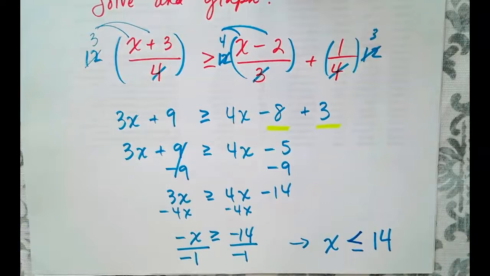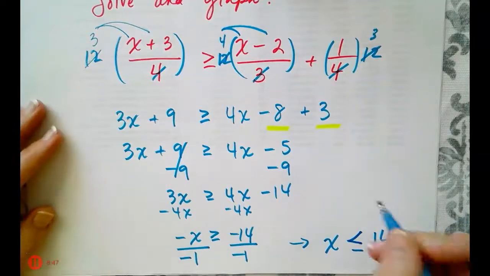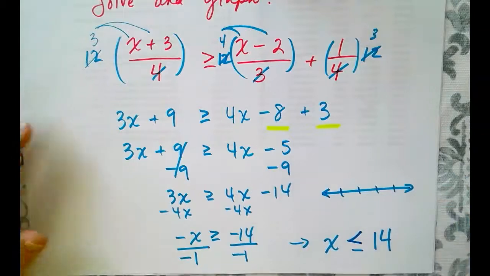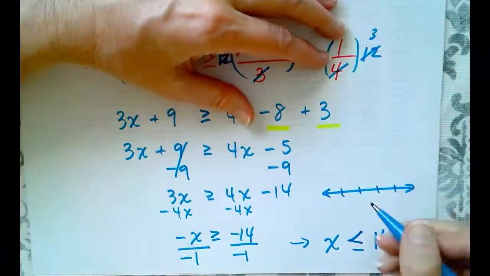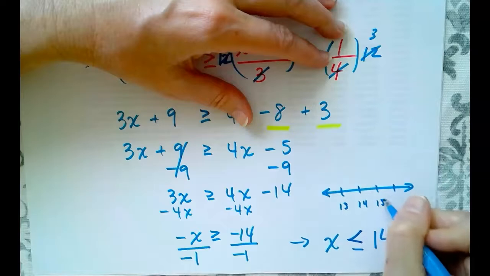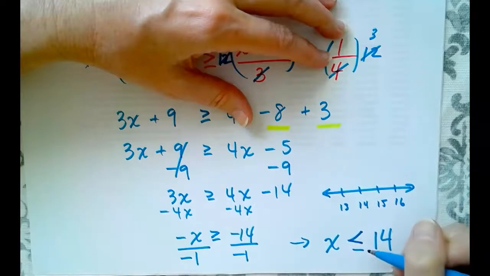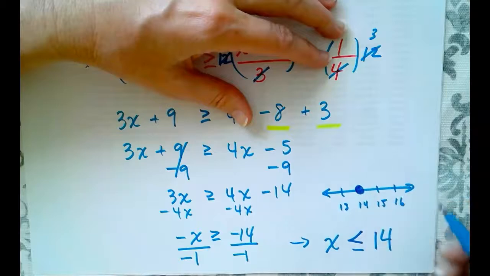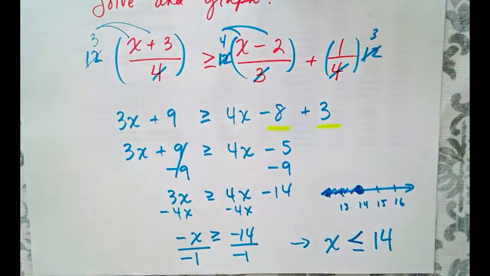On the number line, and when you're making a number line, make a number line that just meets your needs. So 13, 14, 15, 16. So less than or equal to 14, normally that would be a solid circle and then shade to the left. So our answers are less than or equal to 14.